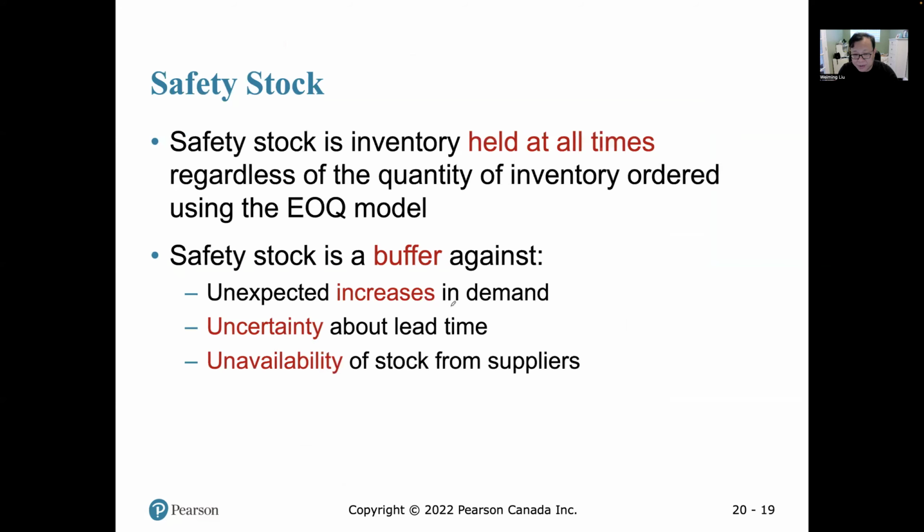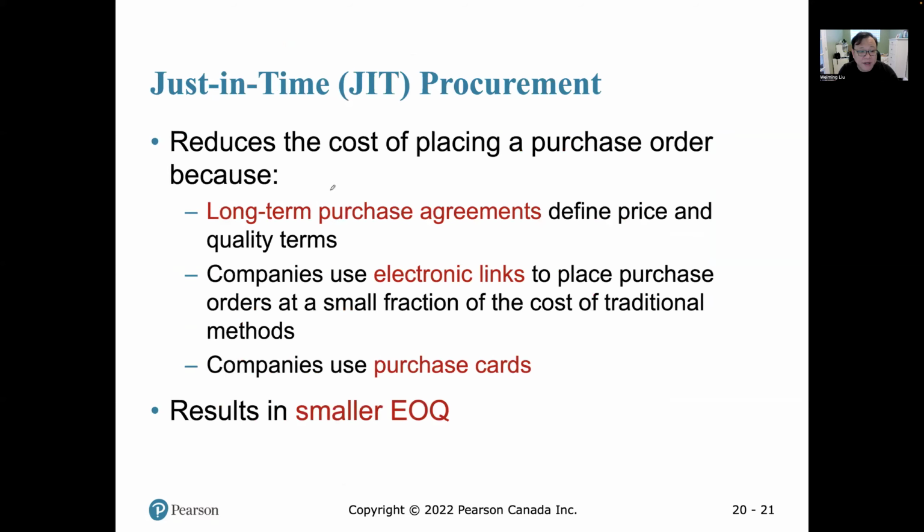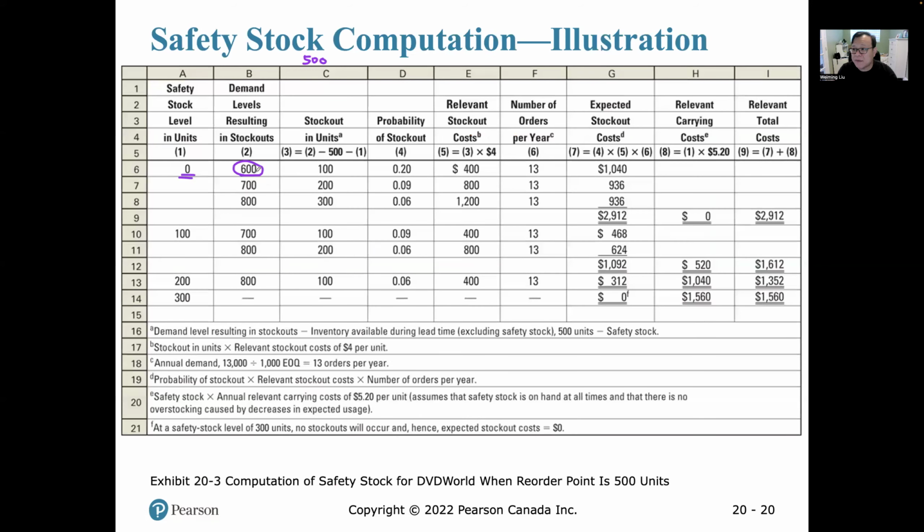So instead of 500, the sales demand for those two weeks is 600. So now you have to quickly go somewhere to get 100 to meet that customer demand. So you had to order 100 units.